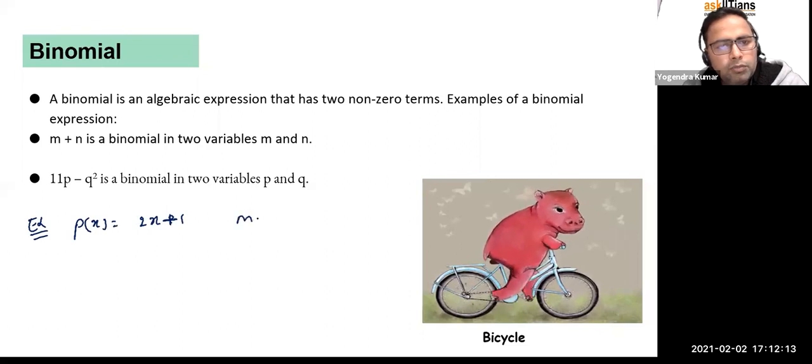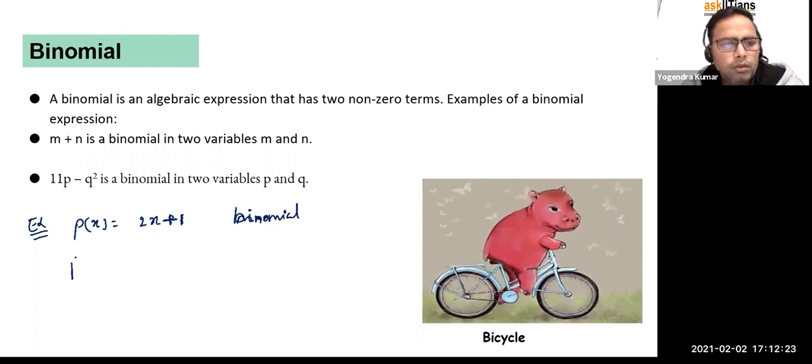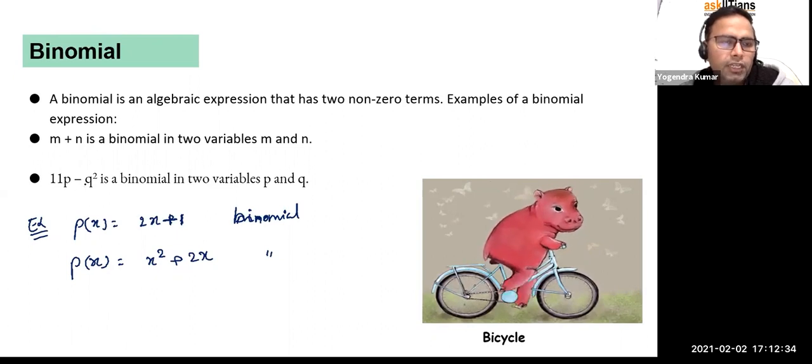What is it? Sorry, binomial, my bad. Why? Because there are two terms, first term, second term. Another example, p of x is equal to x square plus 2x. Again binomial, two terms it has to be. They have taken two variables, but I'm taking one variable because you are going to deal more with one-variable things.